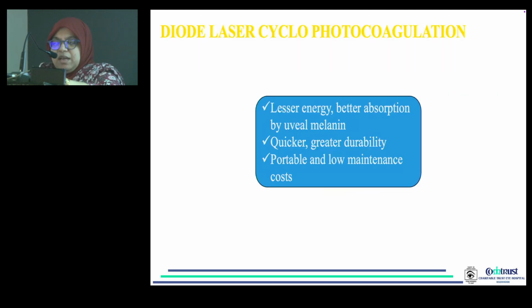Then came the diode laser cyclophotocoagulation, which uses lesser energy, with better absorption by the uveal melanin. There is quicker and greater durability, and it is portable with low maintenance cost.